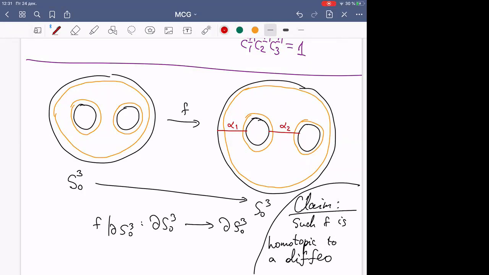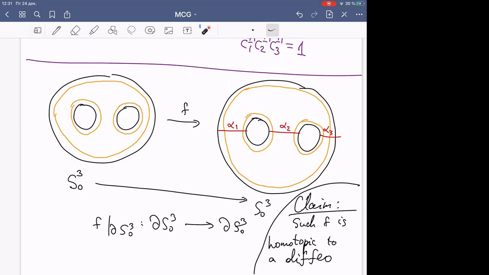We can take 1 or we can take 2 of them. Let us take 2 of them. Okay, 3 of them. It doesn't matter. Well, it is important that the complement of these arcs is just the union of disks. This is one disk, and this is another disk. We may delete alpha 3 and consider just one disk, but it is not important.